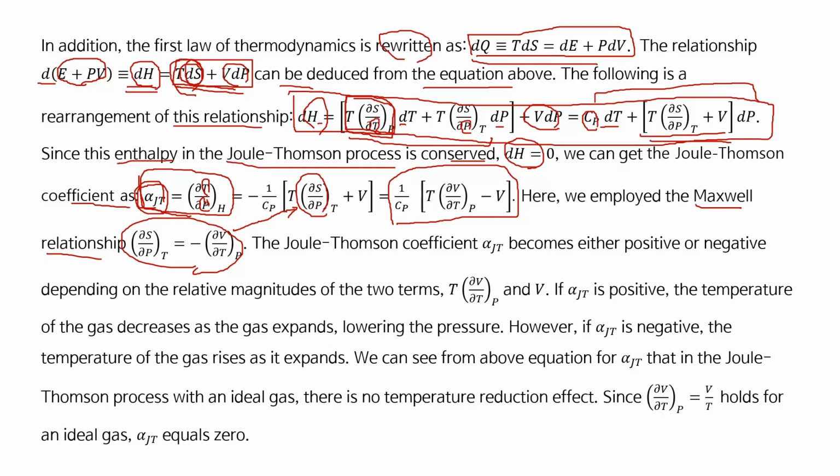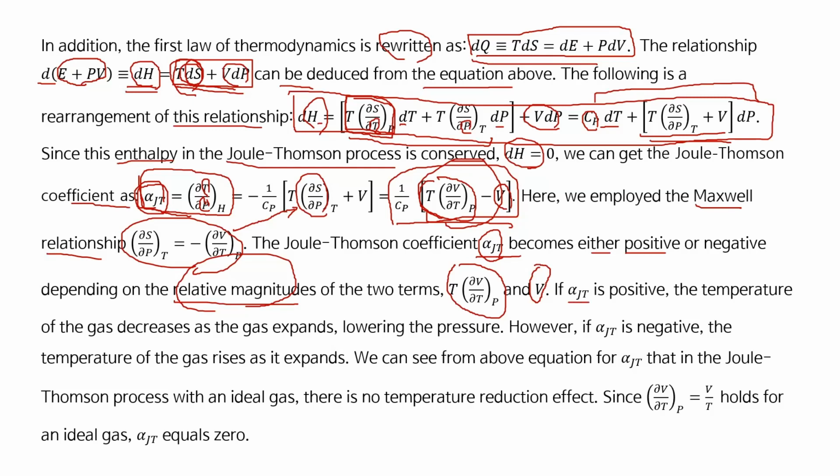So the Joule-Thomson coefficient alpha jt becomes either positive or negative depending on the relative magnitude of two terms. In this equation, this term minus V. So alpha jt becomes either positive or negative depending on the relative magnitude of the two terms, this term and volume.